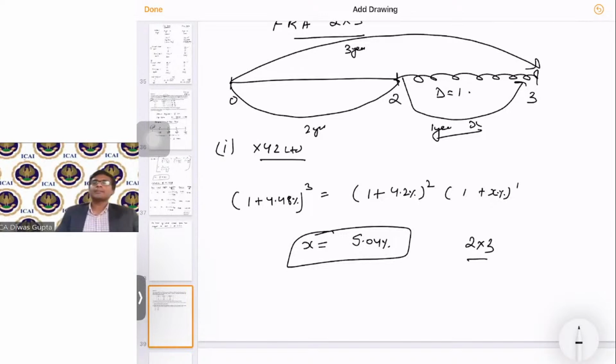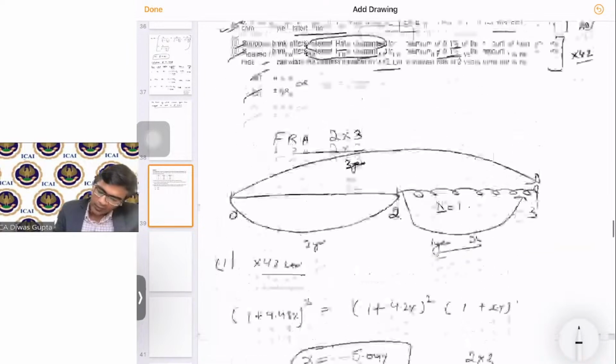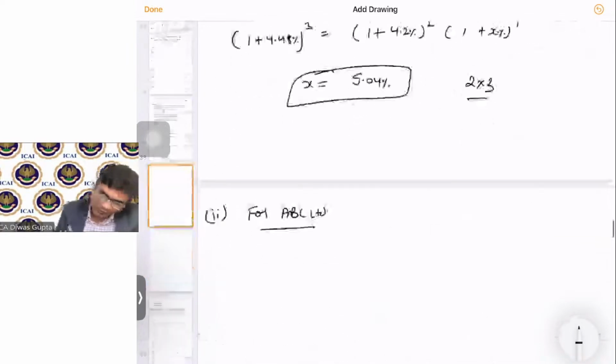Okay, students. I hope this is clear. Then for ABC. What is the 3 years rate? 5.78.